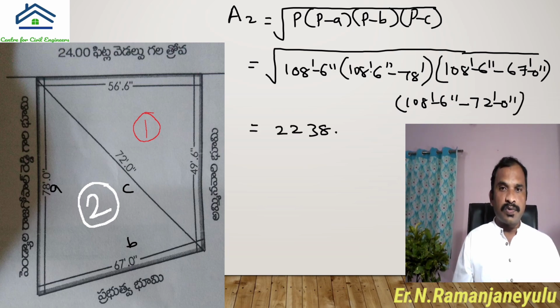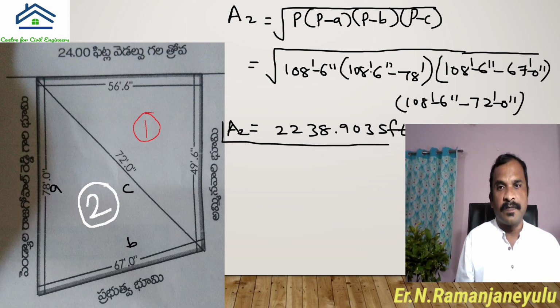This comes out to 2238.903 SFT. Now we got the area of figure 2, A2.